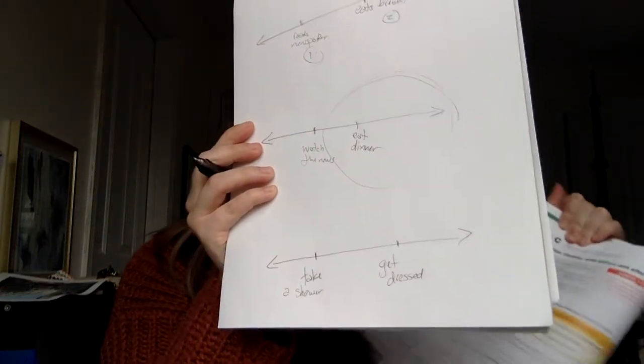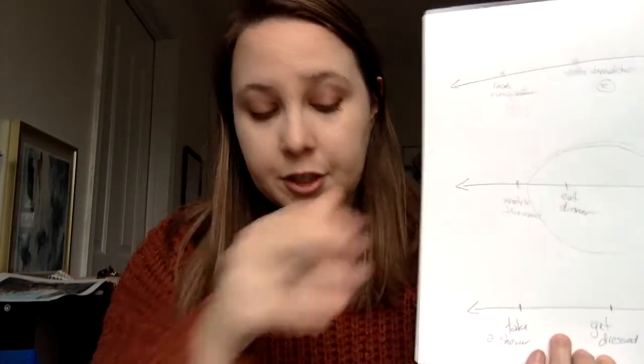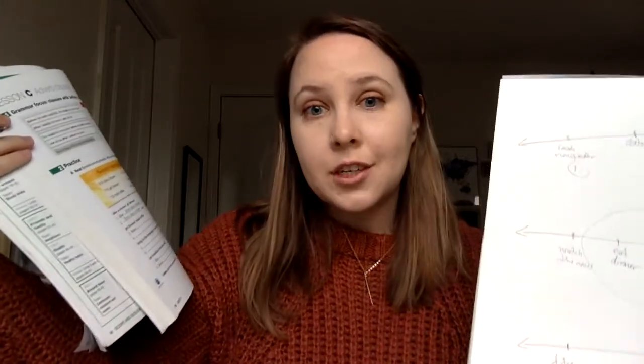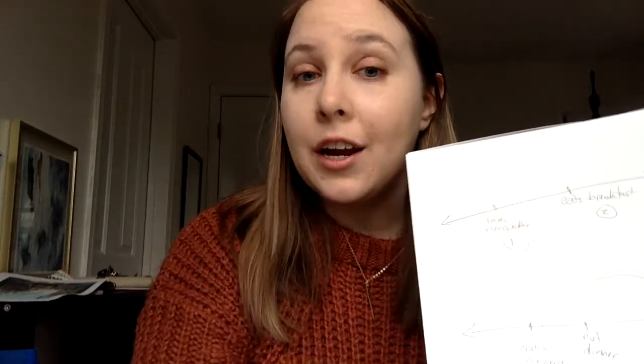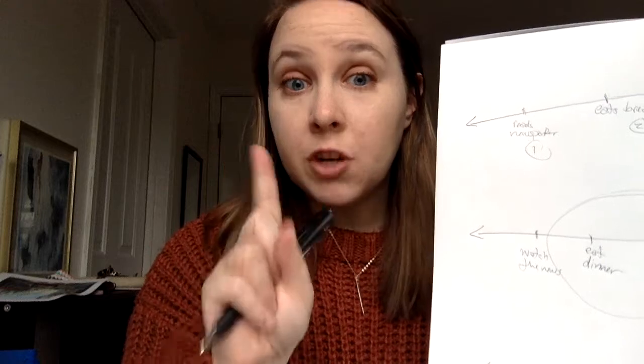Now, in this, you are using before and after. So the first one says, after Bonnie takes a shower, she gets dressed. So remember, after means it happens later. So after is going to get attached to the first thing. So take a shower happens first, get dressed happens second.